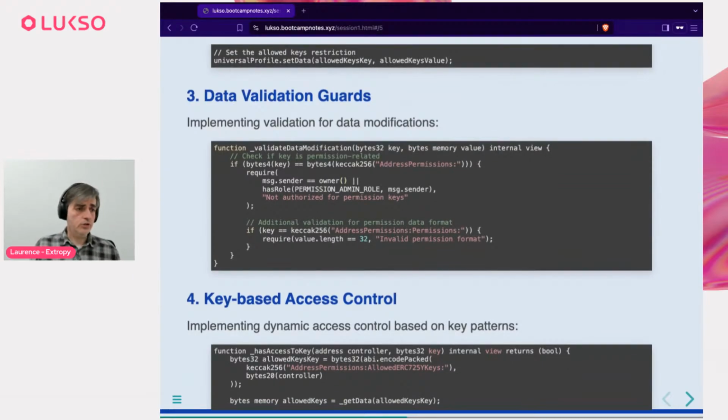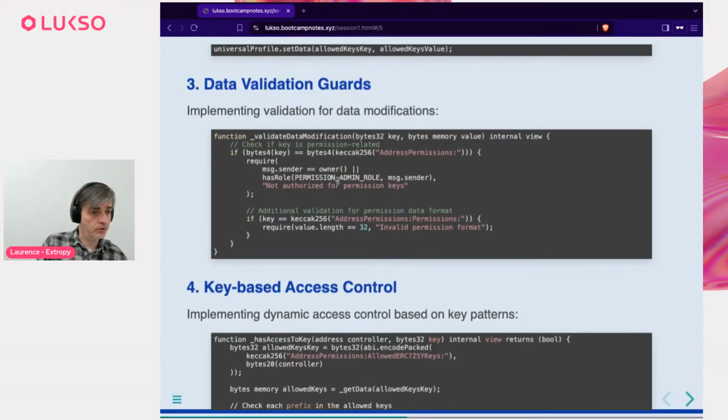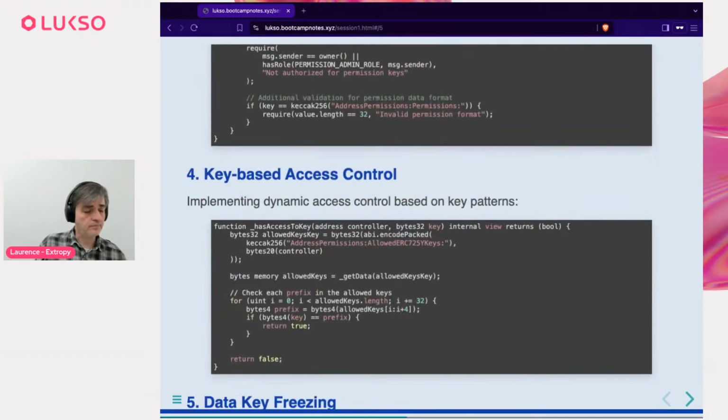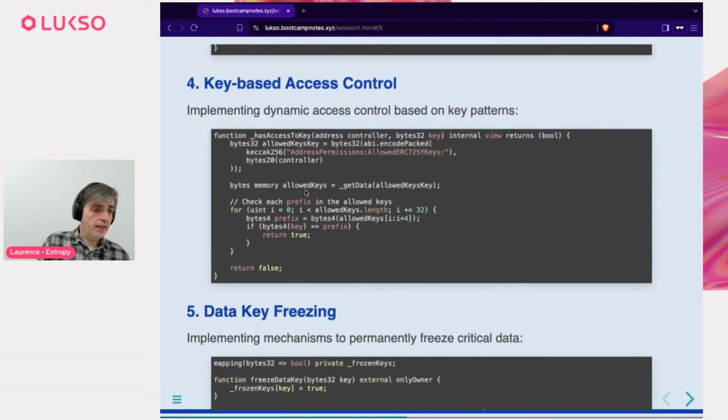Then once you have that, obviously you need to implement validation when the data is being modified. So having set up the namespace and the keys, you need to make sure that you are actually checking those and reacting to those correctly, as you can see here. And you can make this quite dynamic.